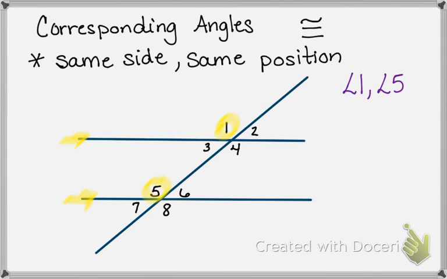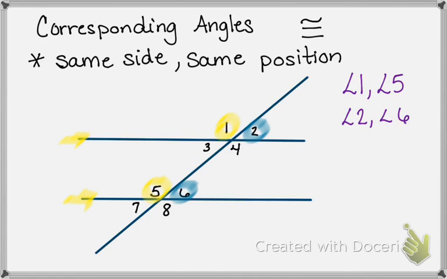So let's find another one. Let's say we have, in a different color here, 2. If I pick it up again and set it on top of the other one, 2 and 6 are going to be corresponding. So I can write those down. Angle 2 and angle 6 are corresponding. They have the exact same value.